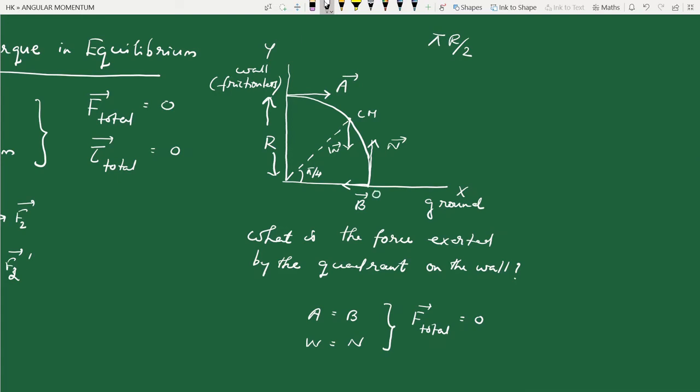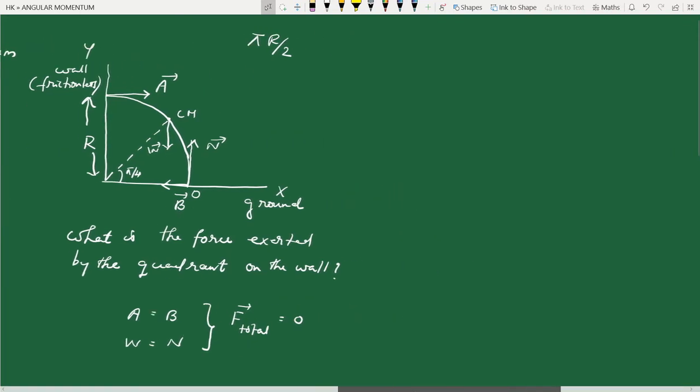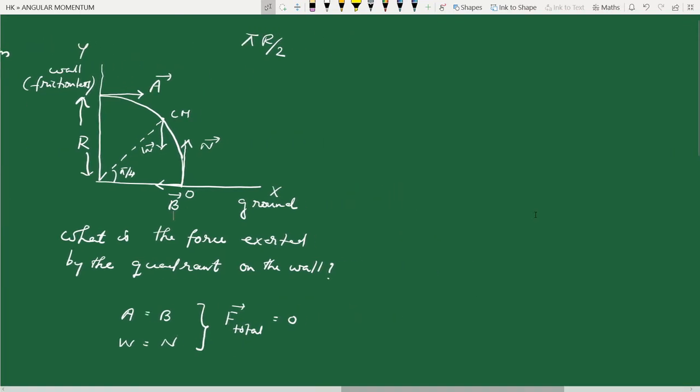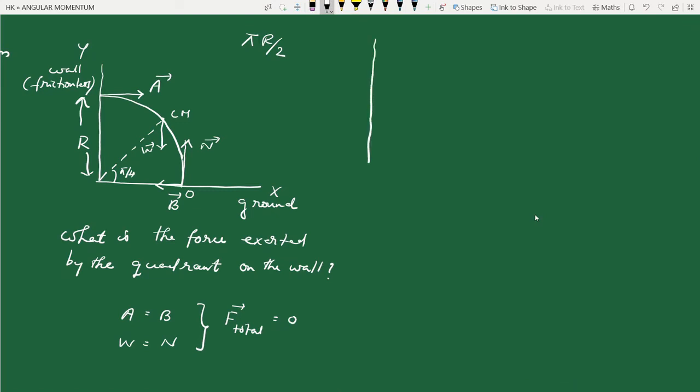So first let us calculate the torque due to the weight of the body. Let me redraw this figure for that. This is our quadrant.